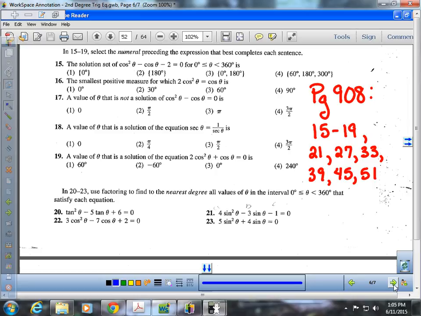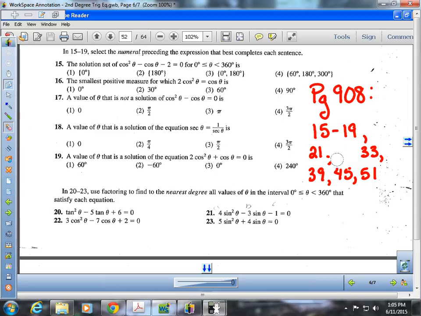But other than that, you're going to do 21, 33, and 45. Okay, so get rid of those ones. You're going to do 15 through 19, 21. Notice your directions. 21, you're going to use the factoring method. 33, you're going to use the quadratic formula. 45 is at your discretion. All right? So just 15 through 19, 21, 33, and 45.